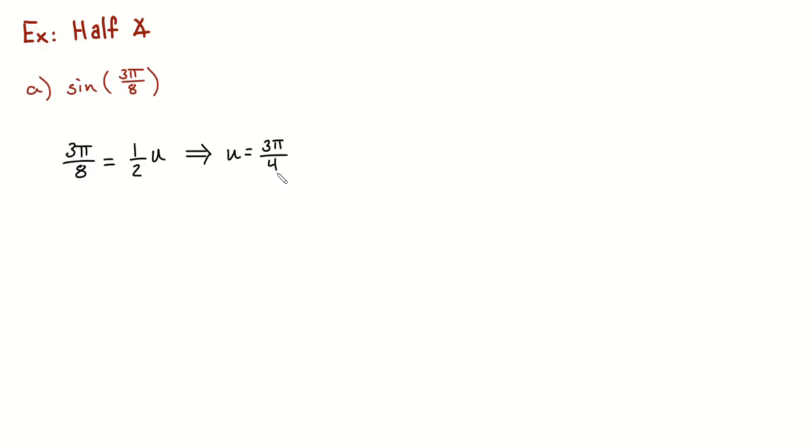The second I write this, do you guys agree that this, the original argument, is exactly half of this u value? So you probably won't do this every time, but especially when we're doing it for the first couple times, this is valuable. I now have in front of us the sine of 3 pi eighths. And then we're just going to go a step further. I know that this is exactly the same thing as taking the sine of what over 2?